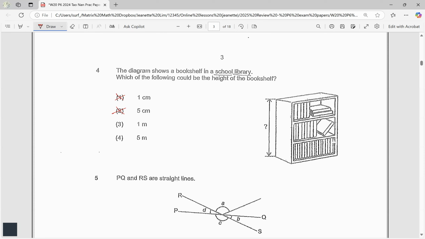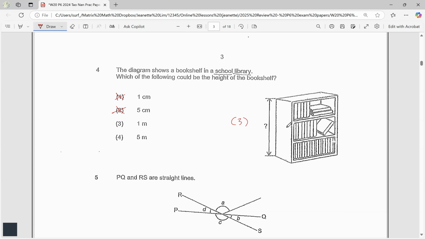So 5 meters will be even taller than a typical 1-story. So 5 meters will be too much. Okay, so the answer will be 3. With 5 meters, you can't reach the top. Imagine if you are 1.5, how are you going to reach the top of the shelf? So not very realistic.